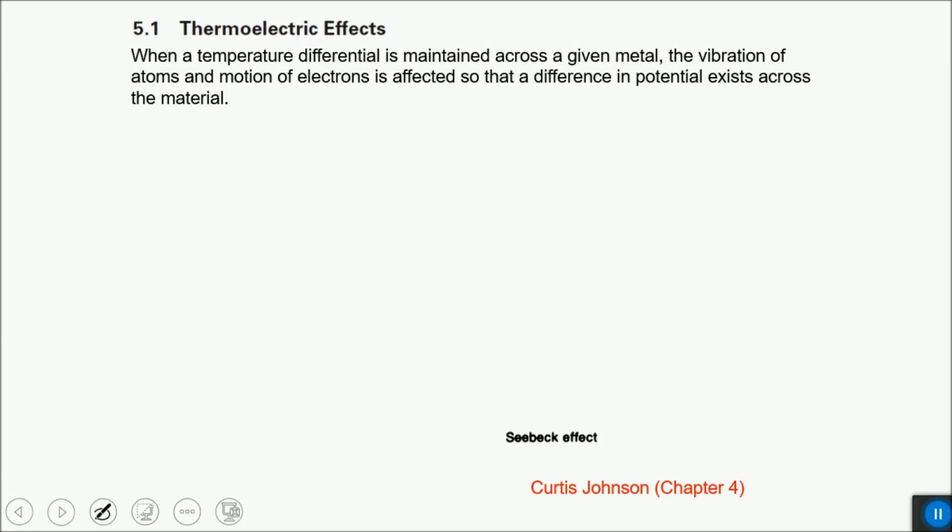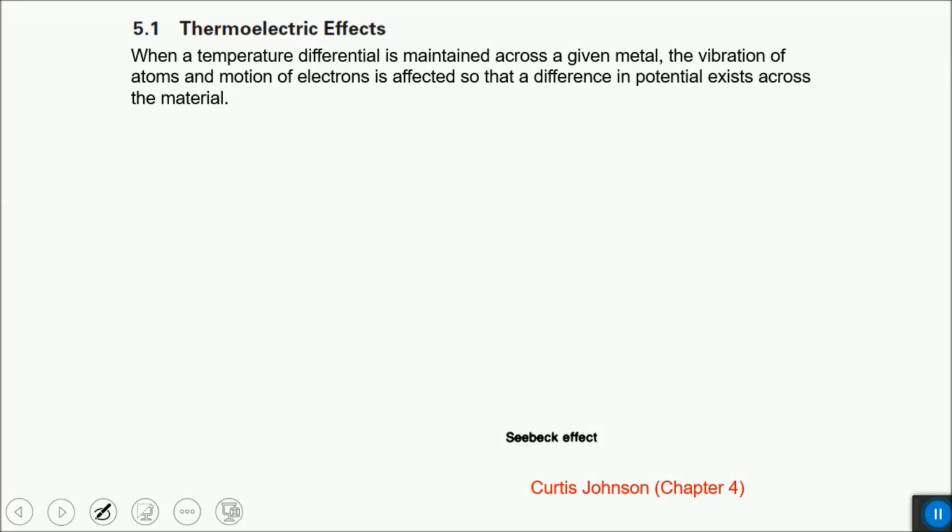When a temperature differential is maintained across a given metal, the vibration of atoms and motion of electrons is affected by that temperature. As we just saw, that temperature is directly related to the energy of those atoms and electrons.